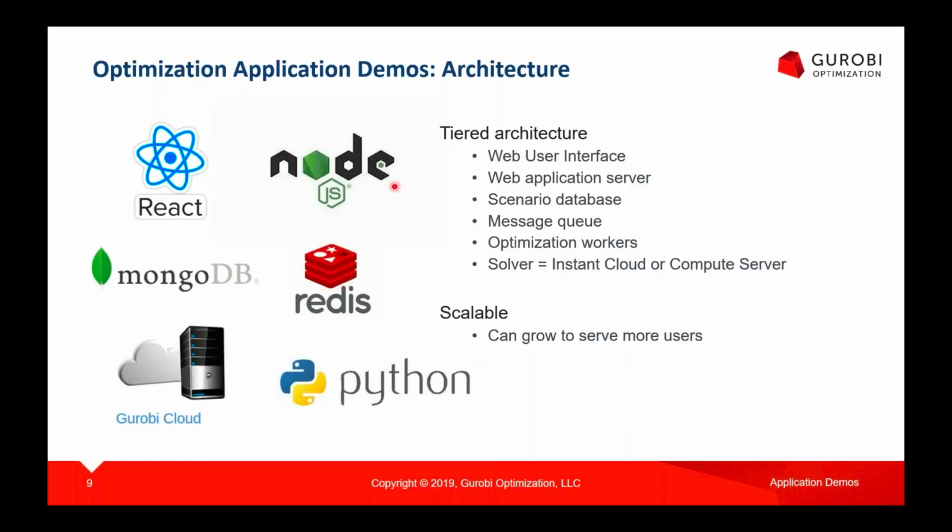Then there's a web application server. We're using Node.js, again, a very popular option. And simple. One of the things you'll see here is we've tried to keep things as simple as possible. So if you're trying to learn how to architect something like this or how to mimic some part of what we're doing here, the idea is that you don't have to spend a lot of time learning the particular component that we've used.